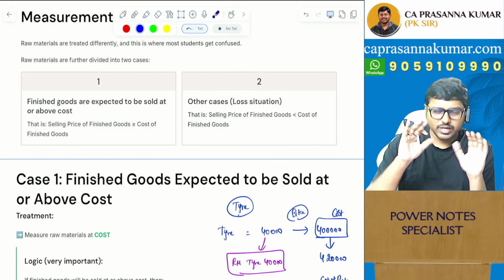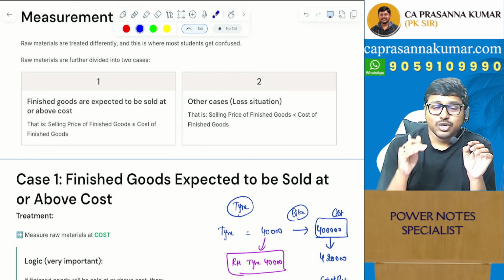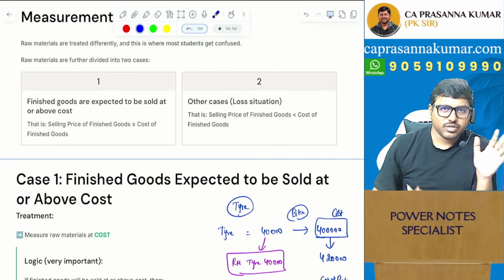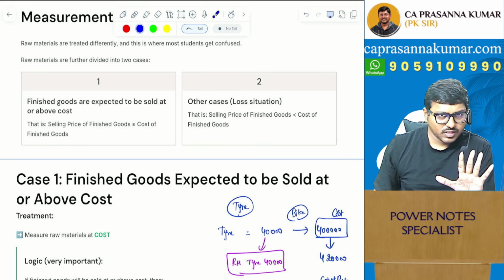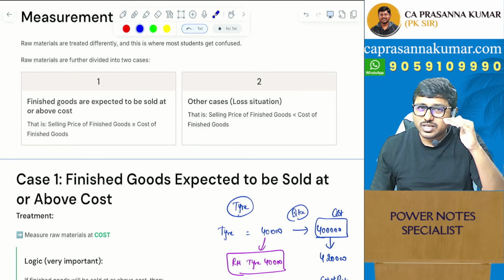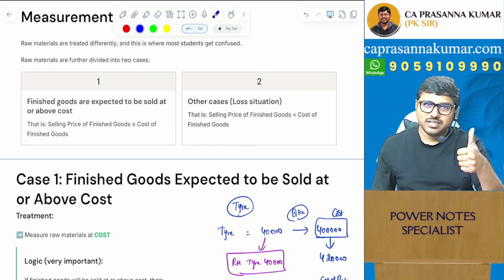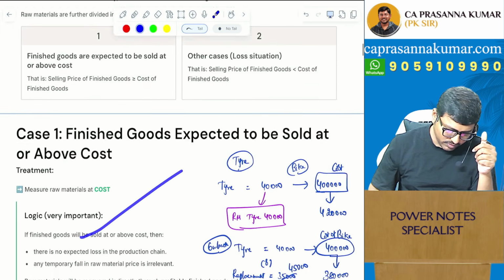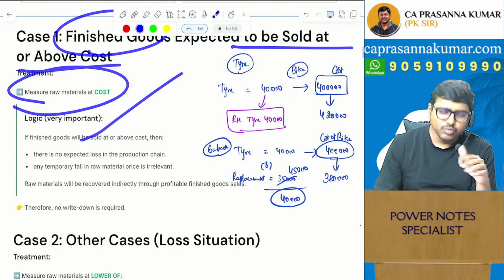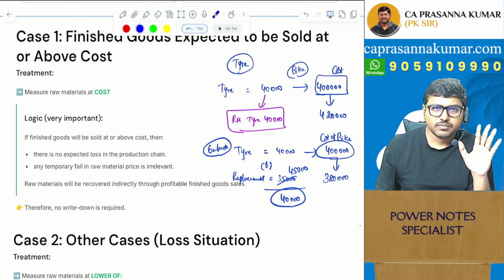Now you see whether you'll be able to sell those finished goods up and above the total cost that you've incurred so far. You try to see what's going to happen in future. If finished goods are expected to be sold at and above cost, in that case, you measure your raw materials at cost itself.